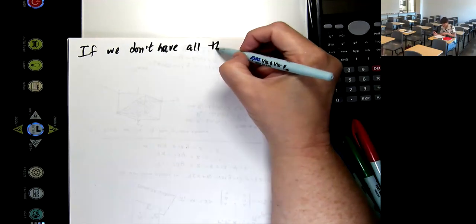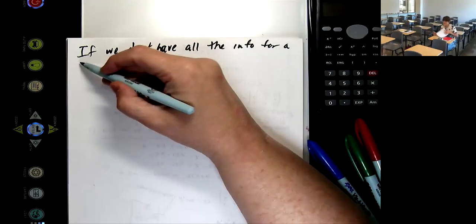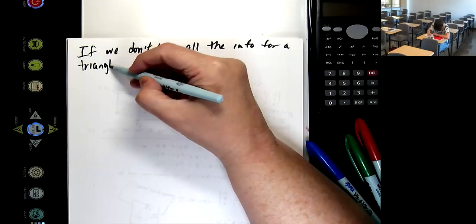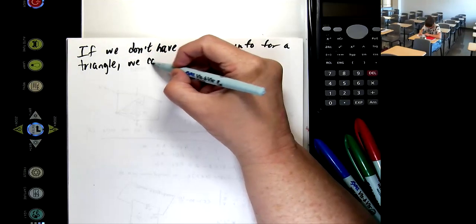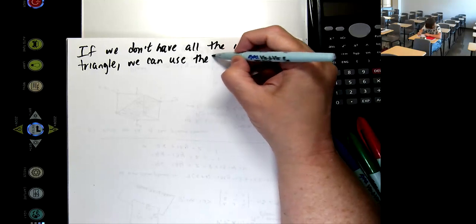All the info for a triangle, we can use this info to get it. Use these equations to get it.